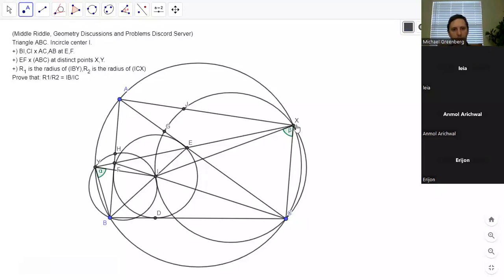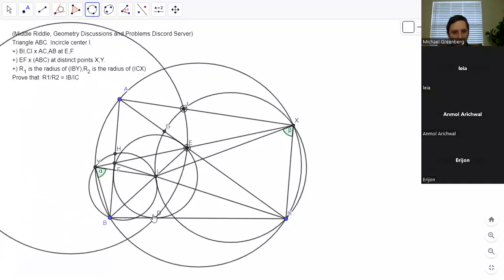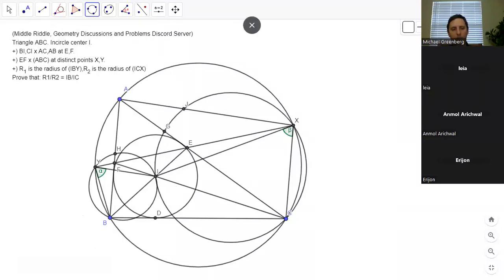Then AJ times AX is the power of A. Hmm. So I want to calculate the ratio of the powers of A with respect to both these circles and show it's AB over AC.